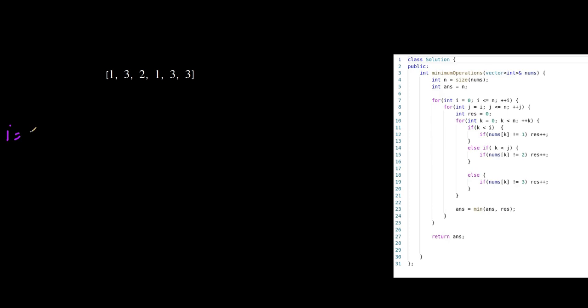I equal 0, j equal 0, j equal i, so this is i, this is also j, and we set the first segment to start at 0 and end at i, and i is not included.